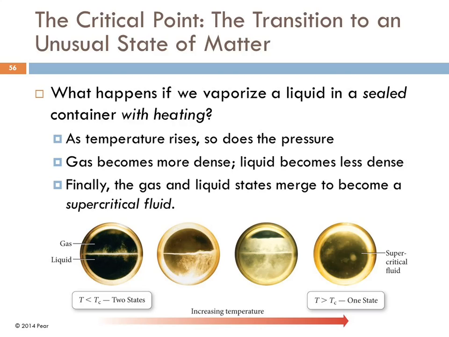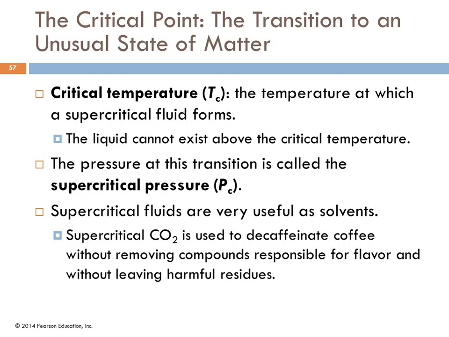So Tc is for the critical point temperature. Critical temperature is the temperature at which a supercritical fluid forms. The liquid cannot exist above that particular temperature. And the pressure at which that happens is called the supercritical pressure.